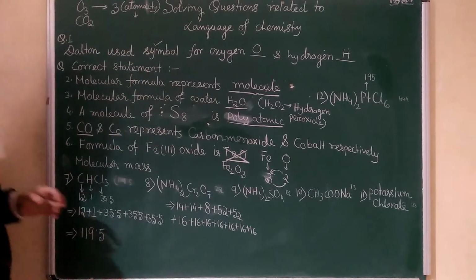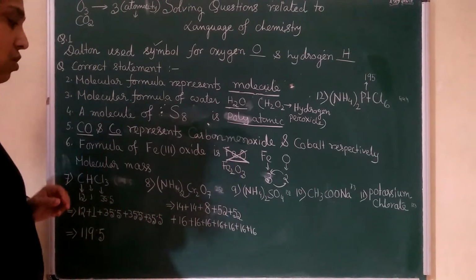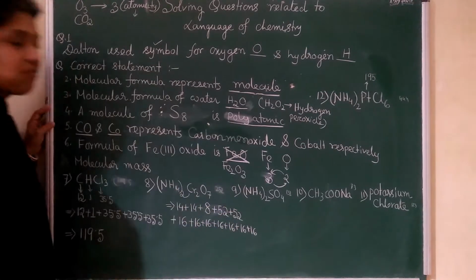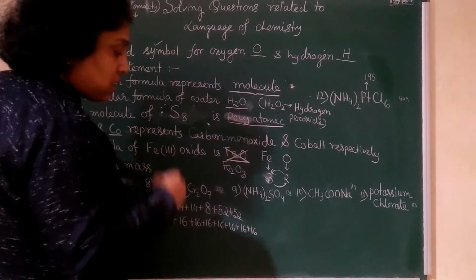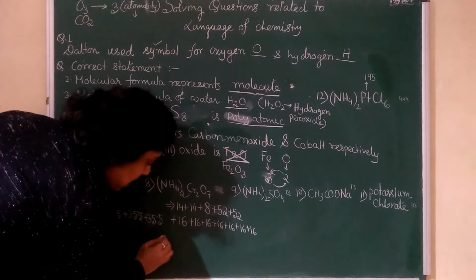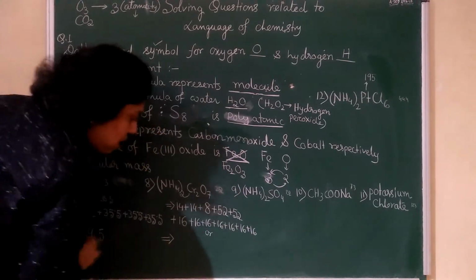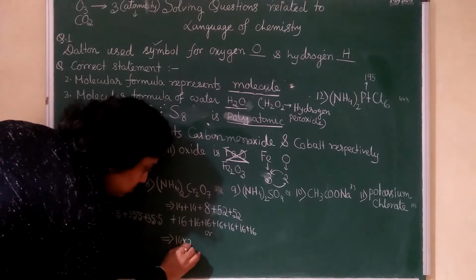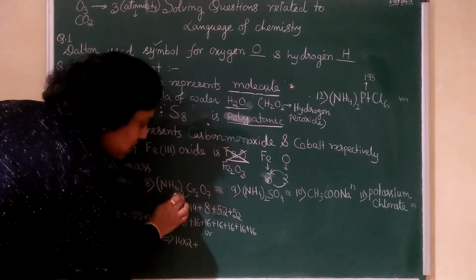Okay. I know in most of the books this method is not given. I am telling this because children make mistakes when doing the multiplication work, which you have to do in the beginning. This is one way you can write, or what other way? 14 is 2 times, so 14 into 2. Then plus hydrogen, how many hydrogen? 8.